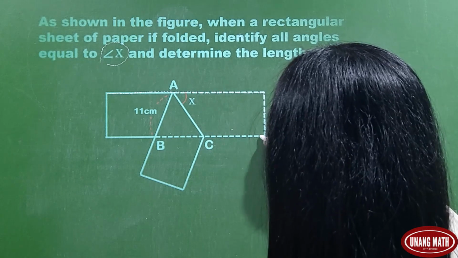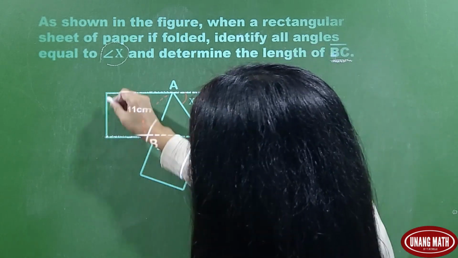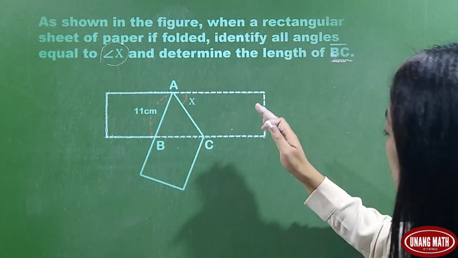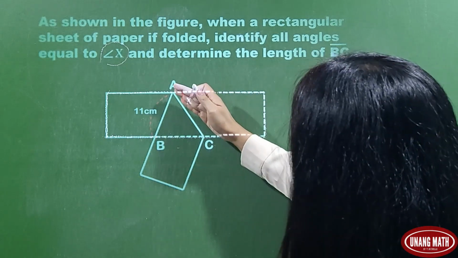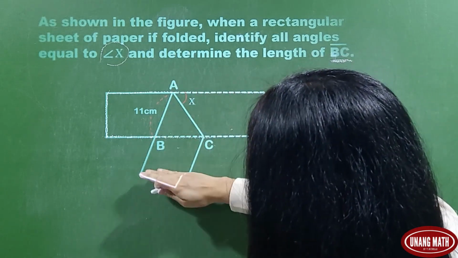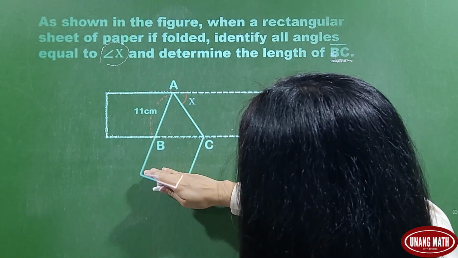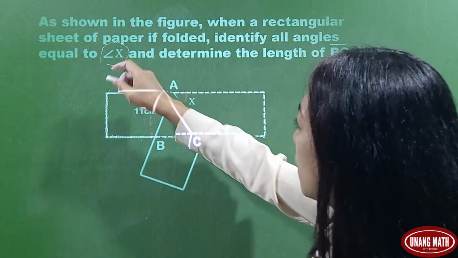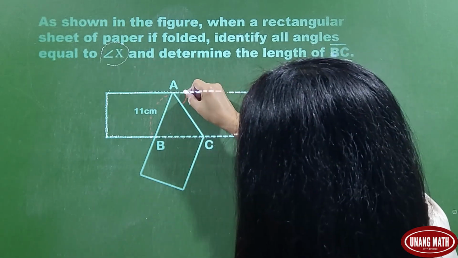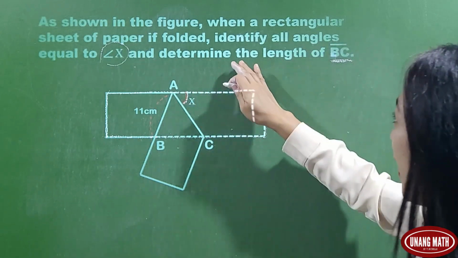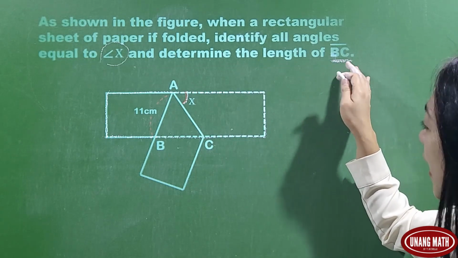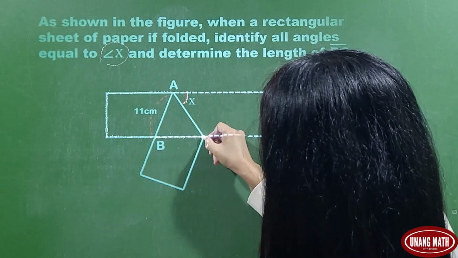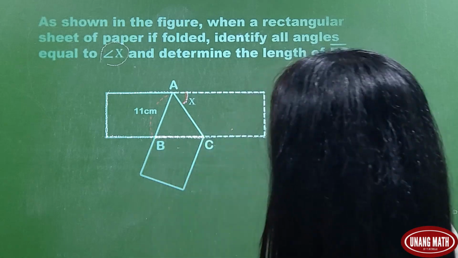This is the rectangular sheet of paper, and this one is folded. The folded part is this part. We will identify all the angles equal to angle X, this angle, and we will determine the length of segment BC, or this line.